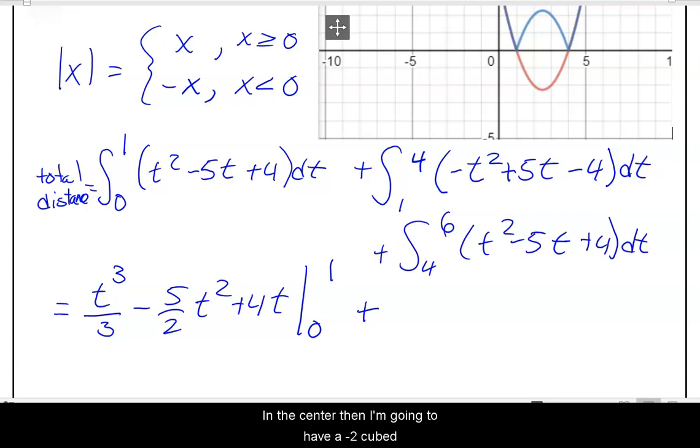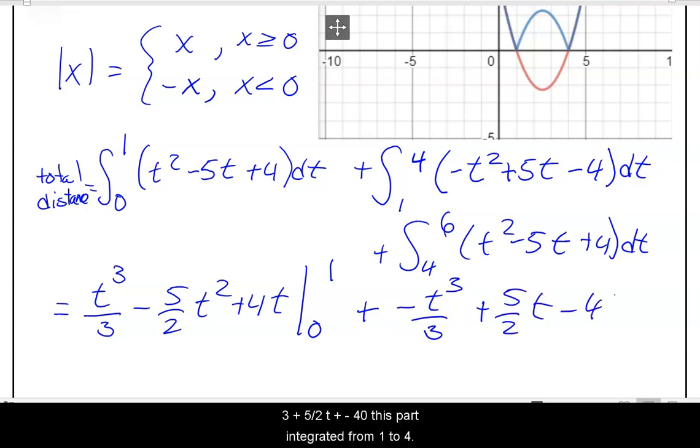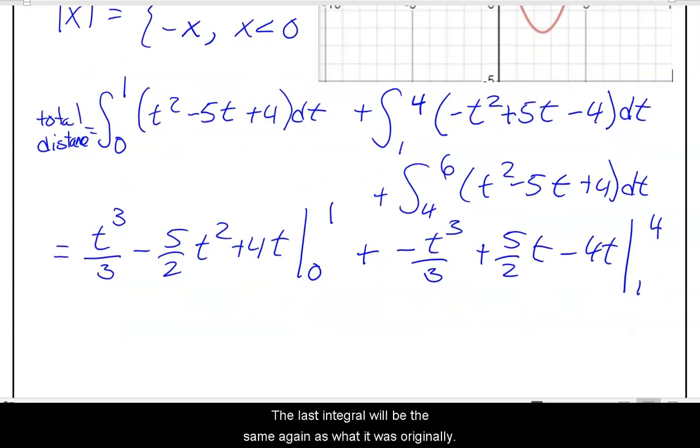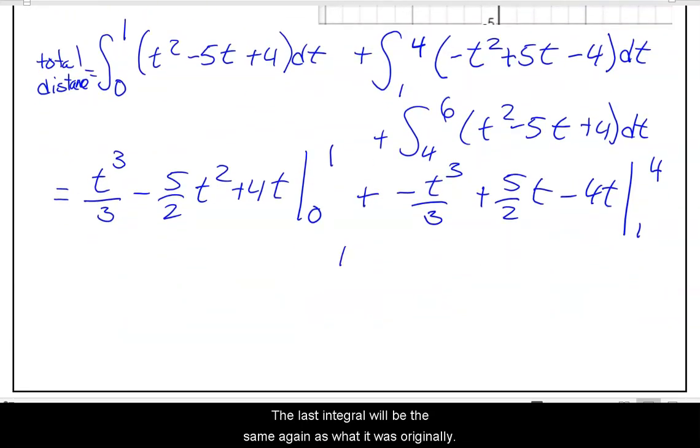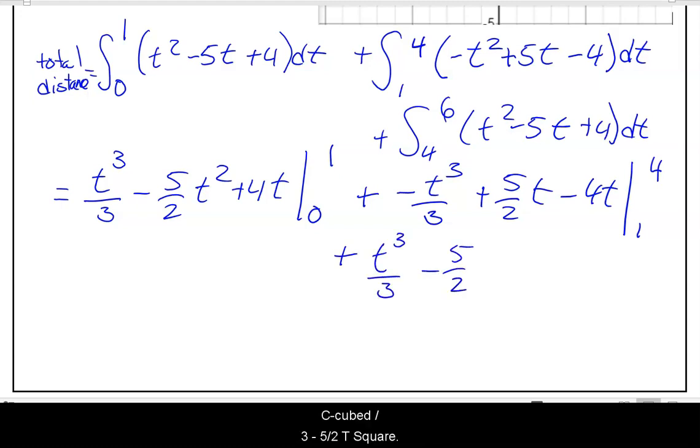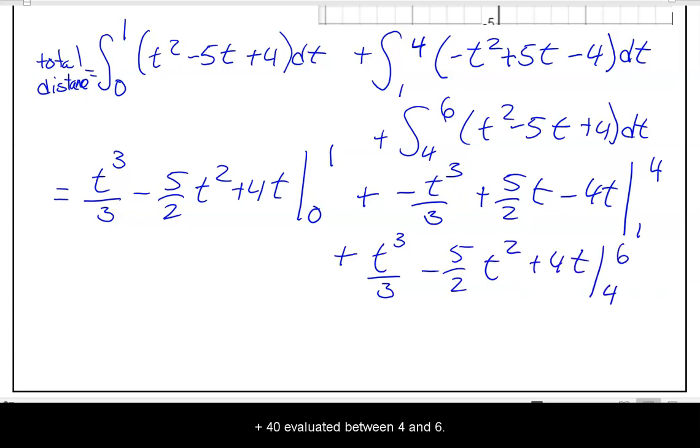In the center then, I'm going to have a minus t cubed over 3 plus 5 halves t squared and minus 4t, this part integrated from 1 to 4. The last integral will be the same again as what it was originally: t cubed over 3 minus 5 halves t squared plus 4t evaluated between 4 and 6. Take a moment to pause the video and do the calculations, then turn the video on to check your answer.